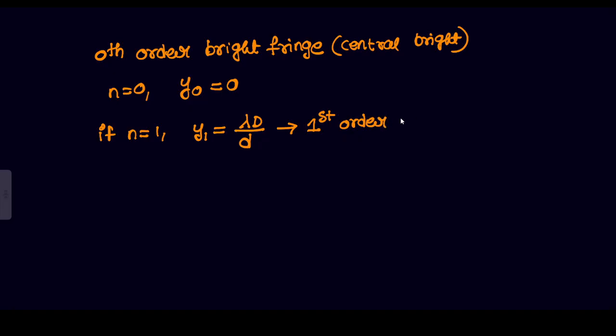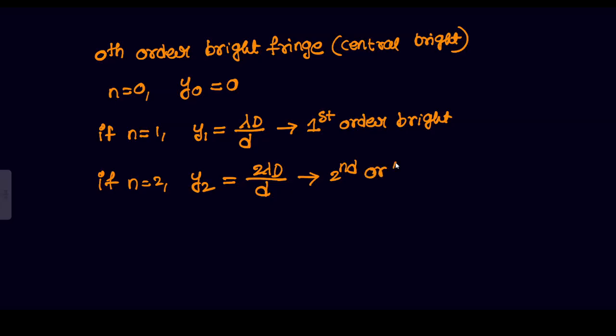If n is equal to 2, then y2 is 2 lambda capital D by small d, and this is called the second order bright fringe. Like this, whichever bright is required, we can find the distance.